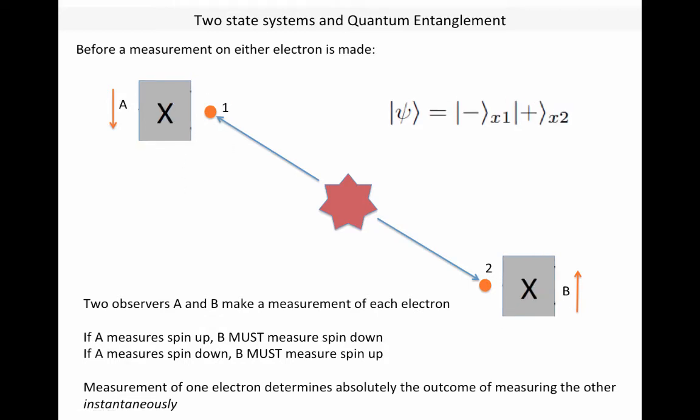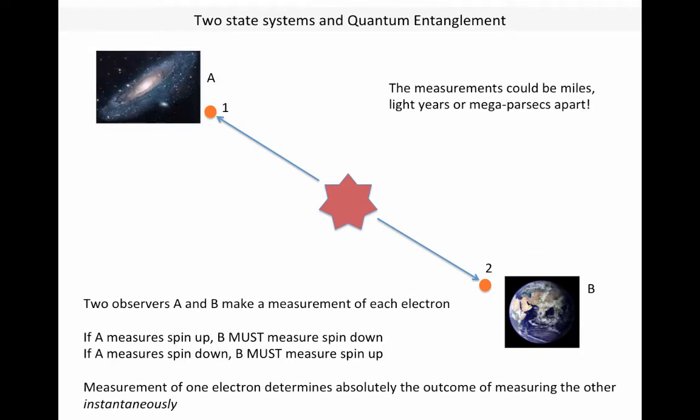And this is true if you measure the z component of the spin. It's also true if you measure the x component of the spin or the y component of the spin as well. Now, these measurements could be miles, light years, or even megaparsecs apart. These two electrons could have been created and then traveling apart for years and years, or millions of years, and one electron could end up on Earth and the other electron in the Andromeda galaxy.